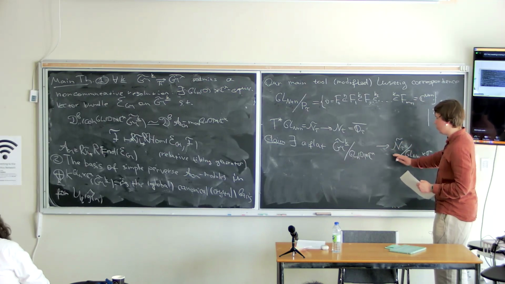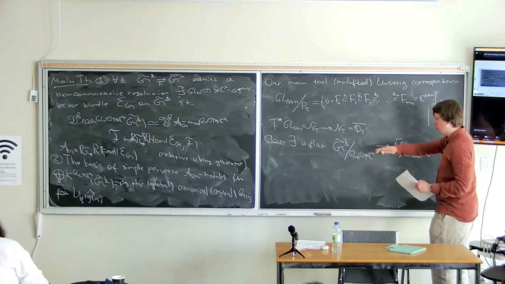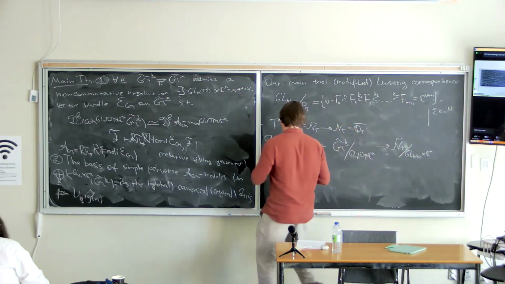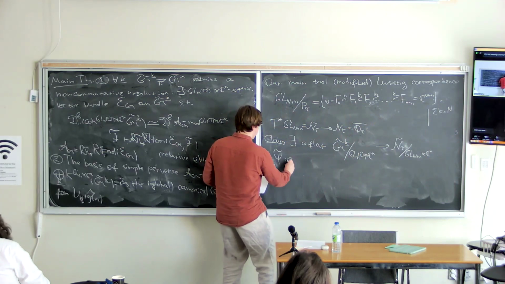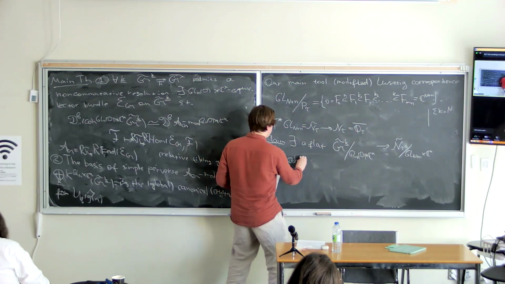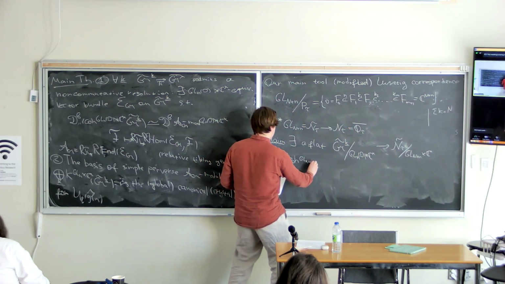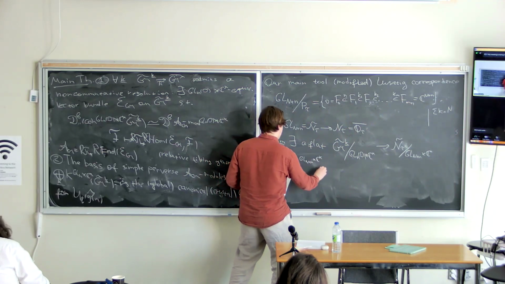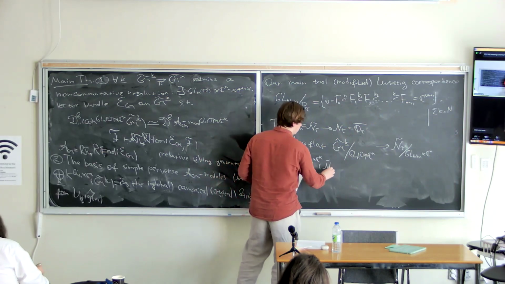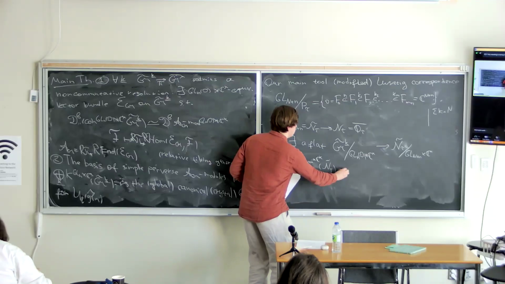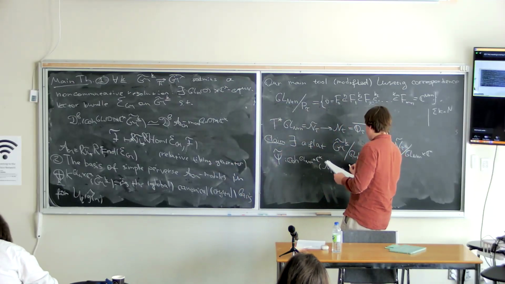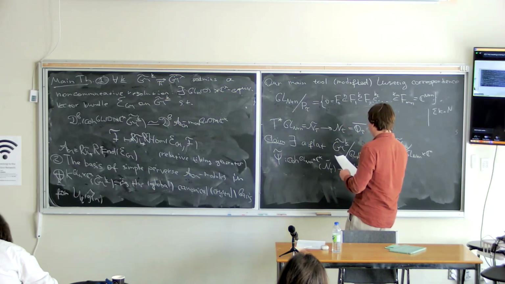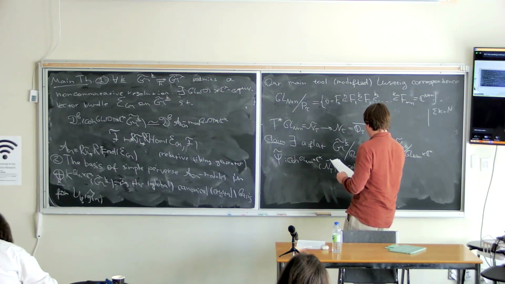So given such a morphism, we can consider the pullback of coherent sheaves. I'll denote by ψ̃ the functor from coherent sheaves on the nilpotent cone, or on ñ_τ, to coherent sheaves on this guy.